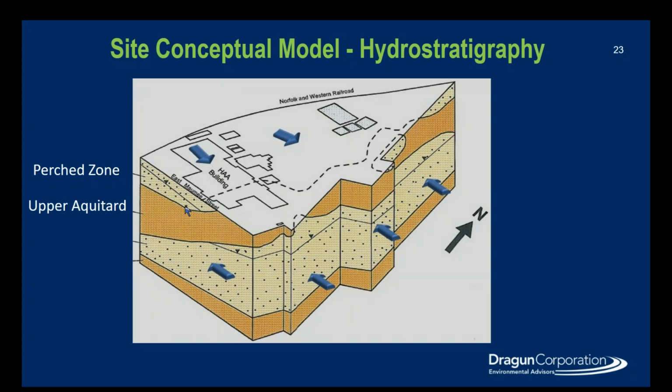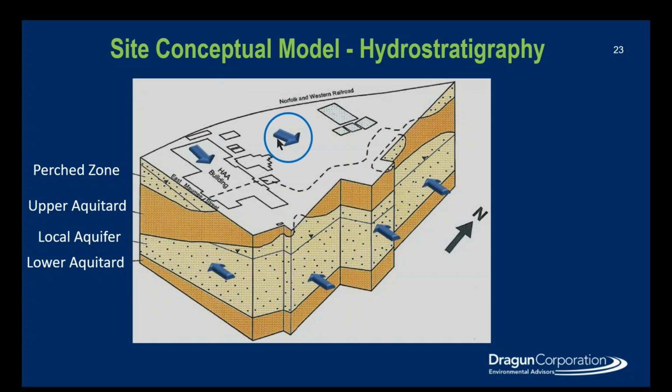And we had the upper aquitard. Aquitard is material that doesn't allow groundwater to flow through it very readily. We had a local aquifer, which is a deeper aquifer, sandy material that allowed groundwater to flow, and a lower aquitard. So we had this sort of stratigraphy.